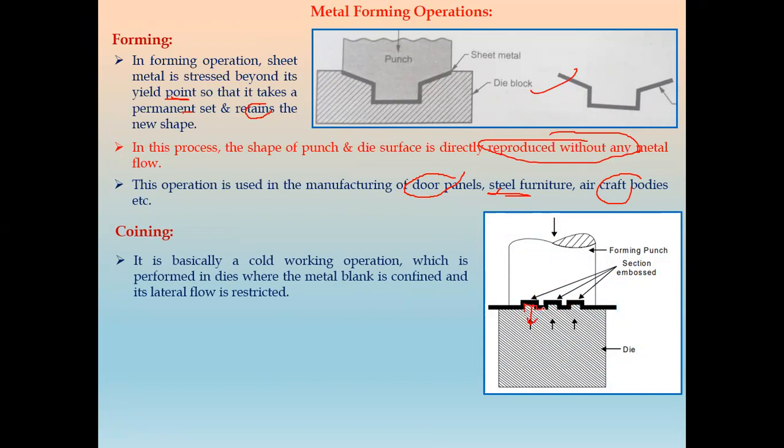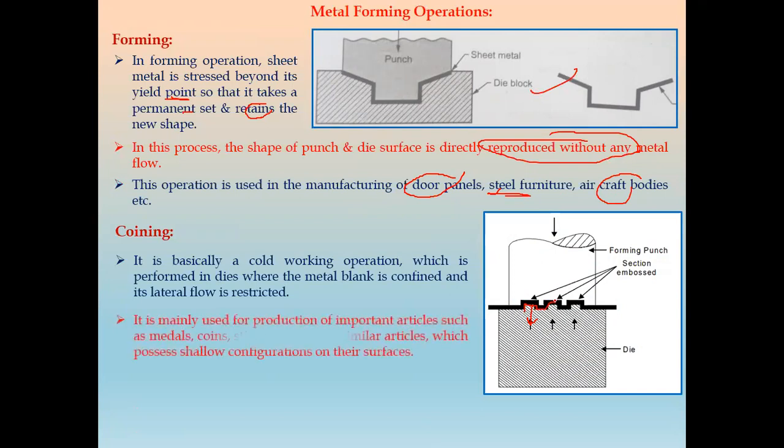It is mainly used for production of important articles such as medals, coins, stickers, and other similar articles. They are formed using coining operations.